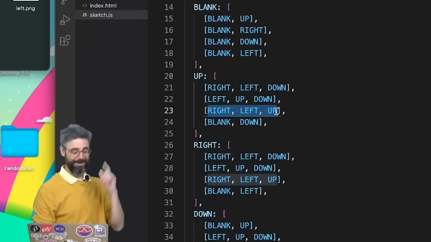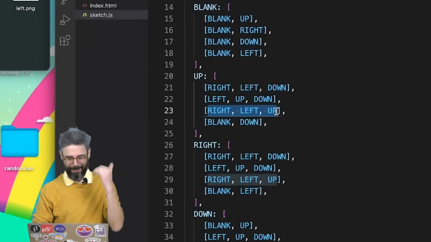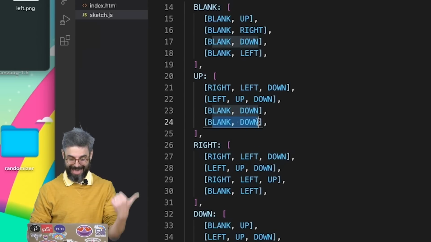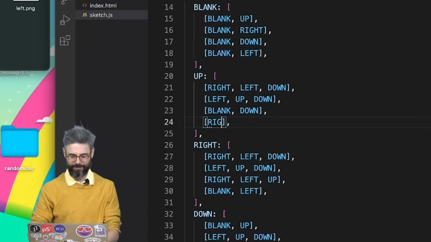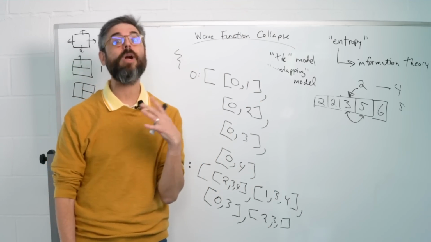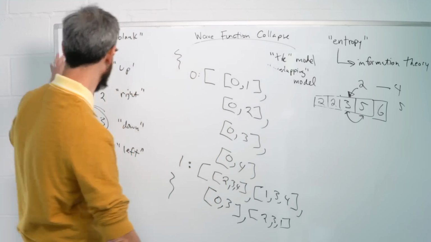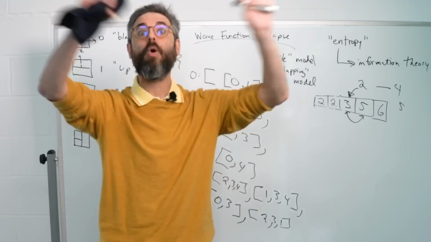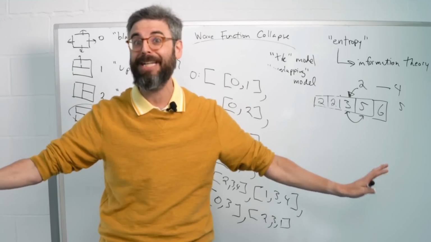All right, here's one that I found is wrong. For the tile pointing up, below it is either blank or down, and then to the left is right, up, or down. Let me address something. I think I've made this a little bit more complicated than it needs to be for this particular scenario. Maybe the way I'm doing my data structure is good for a broad set of possible tile arrangements.